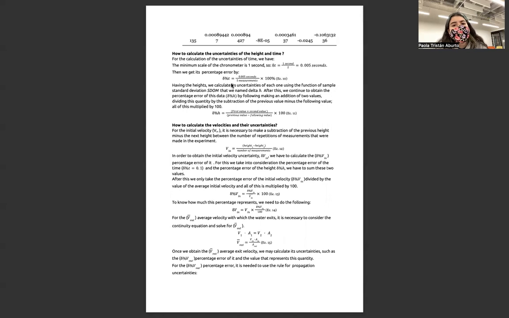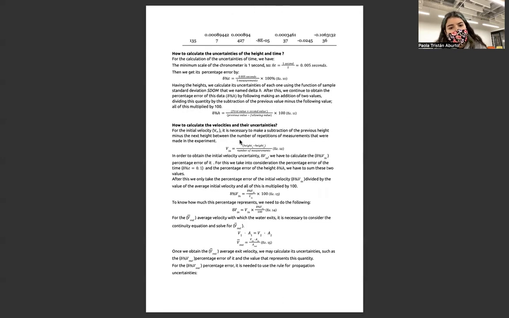Then we calculate the percentage error by using this little equation. After that, we put that beside, and we calculate the percentage error of the height using the first value of our table minus the following value divided by the previous value, times 100.